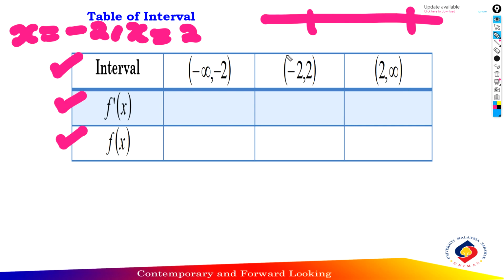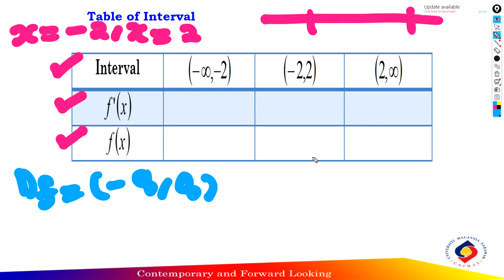Okay, so you draw the number line. The domain of the cubic function here is all the real numbers, so all the real numbers between negative infinity and positive infinity. So the first value from the left, negative 2, and here x equals 2.